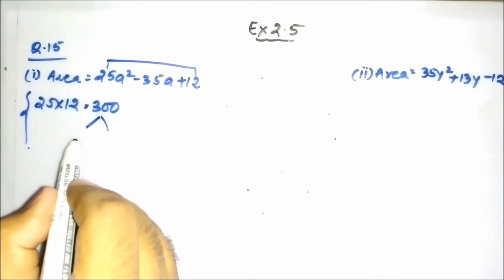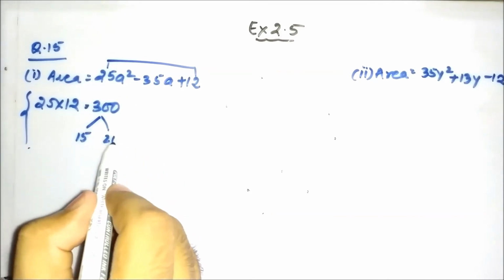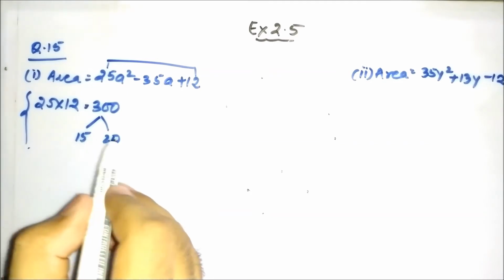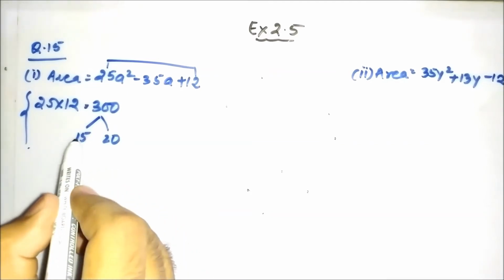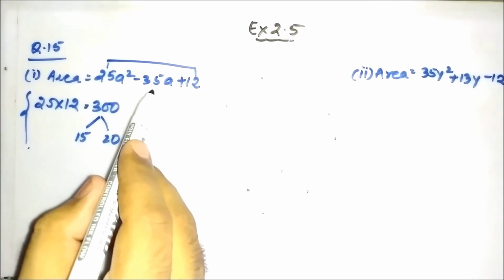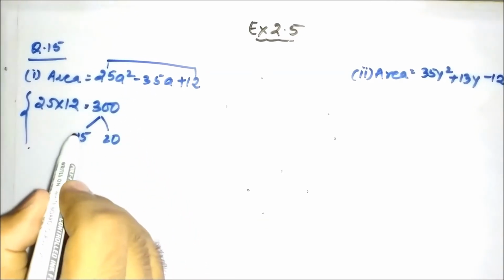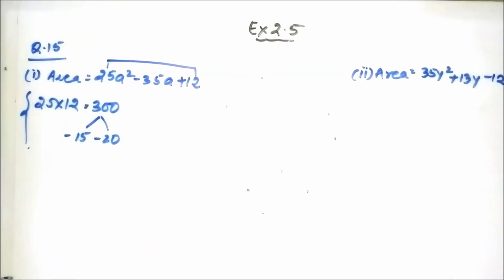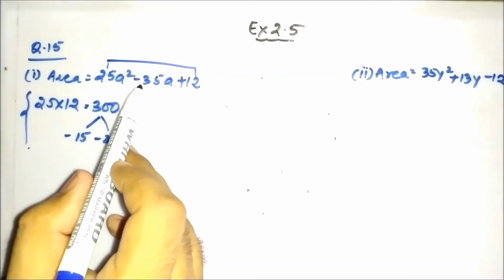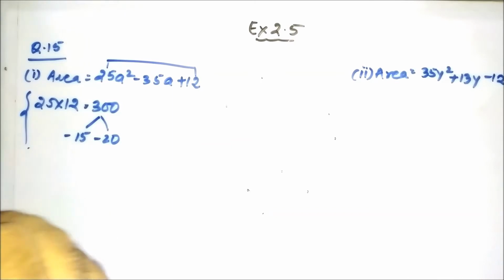So this 300 can be written as 15 into 20. 15 into 20 is 300, and when you add 15 and 20 we will get 35. But here we have minus 35. So we will take minus 15 and minus 20. We just need to break this minus 35 as minus 15 and minus 20.